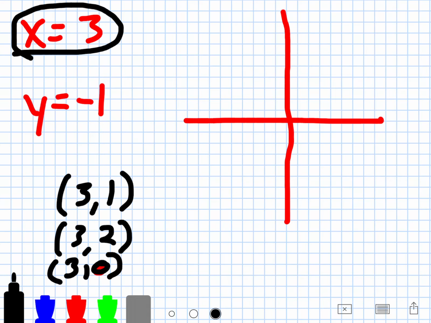So every place where x is 3, here's an x is 3, here's an x is 3, and so on. We could graph all of these x is 3s, but what it's going to look like if we connect all these dots is just a straight up and down line, right? So when you're graphing x equals, it's very simply, where is the line where all of the x's are 3?